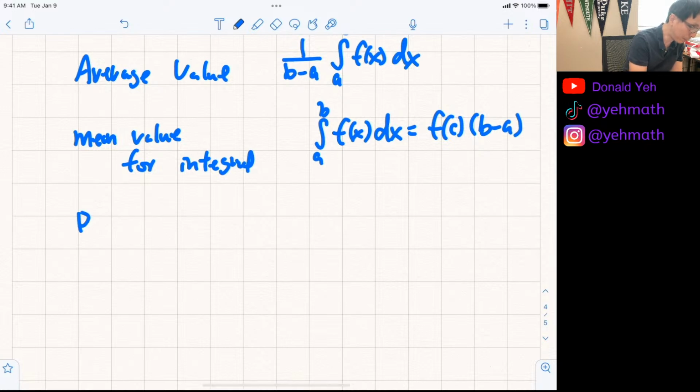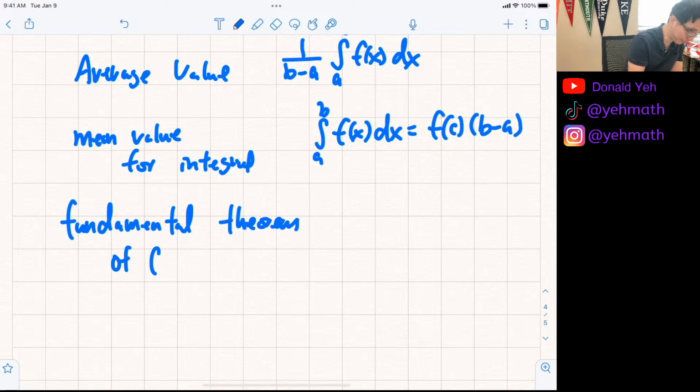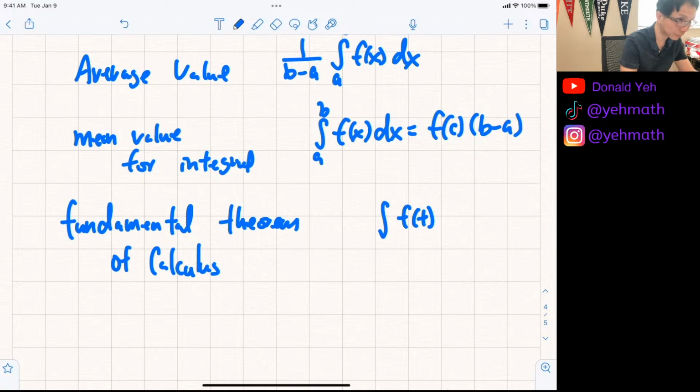Now let's talk about fundamental theorem of calculus, which is something that you'll always get tested on, especially part 2. So fundamental theorem of calculus is when you integrate something, let's say f of t dt, between a to b, sorry, let me just use x.